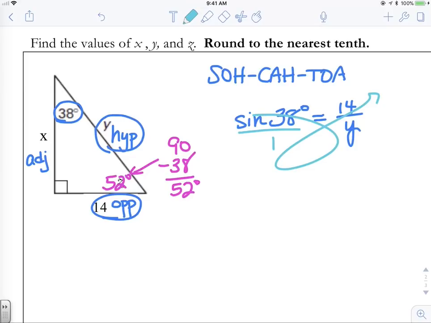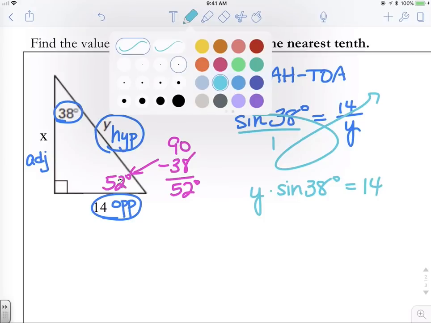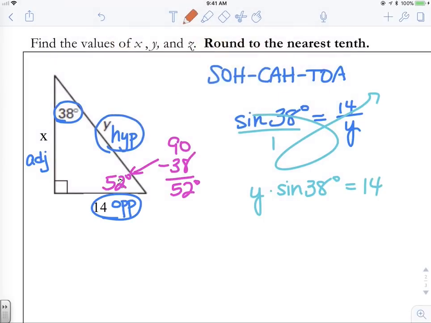So y times the sine of 38 is equal to 14. And then sine of 38 is a number, so you can just divide by sine of 38 and get y is 14 over sine of 38.